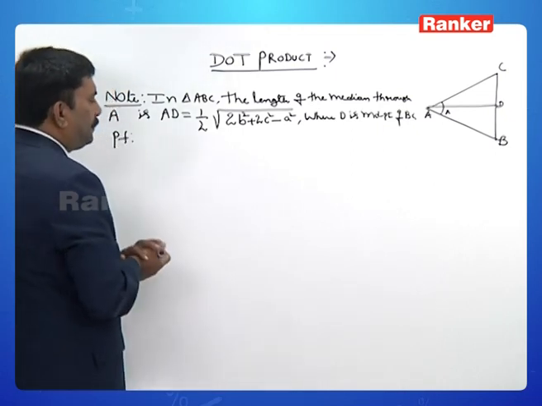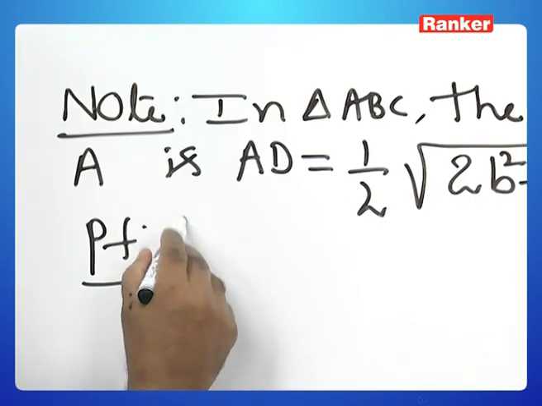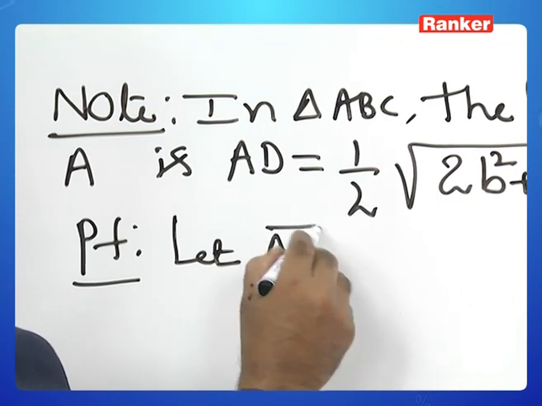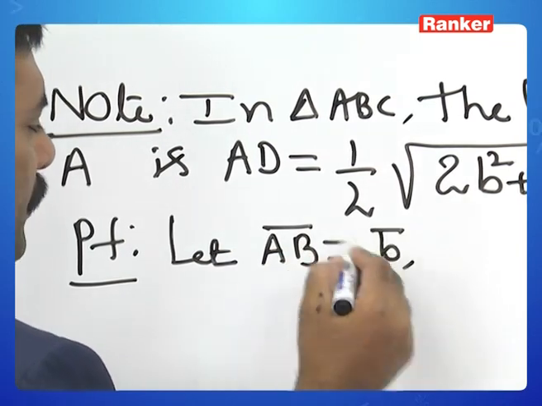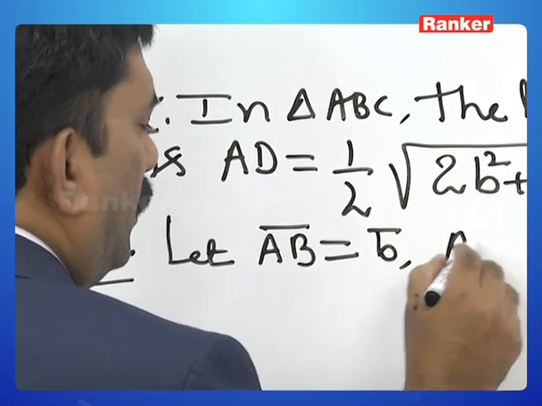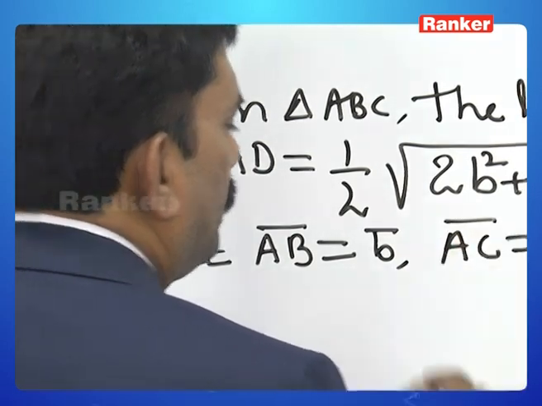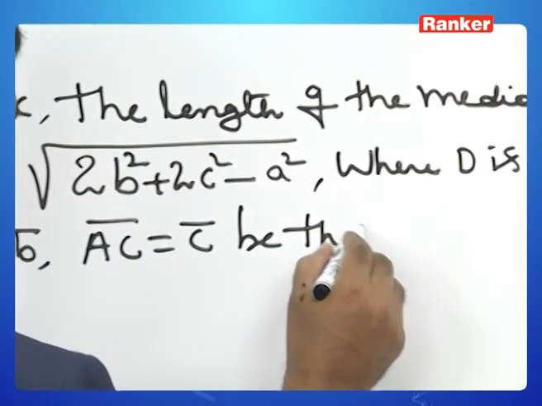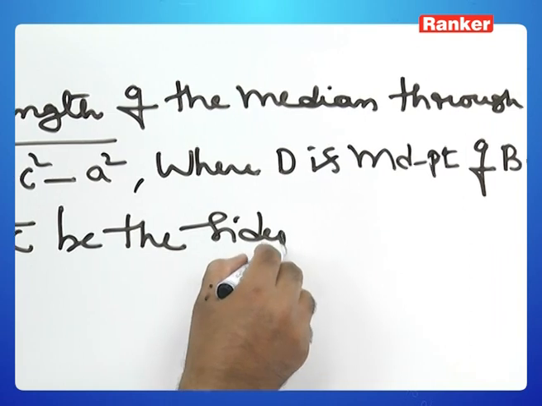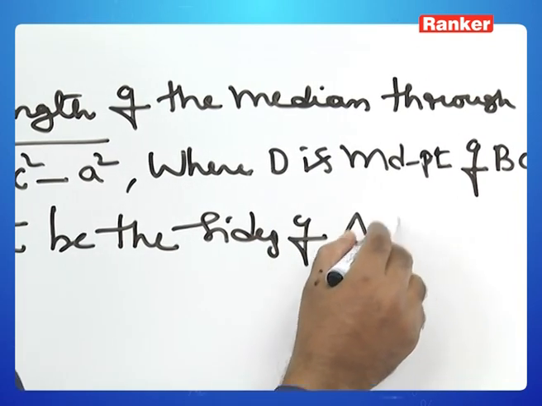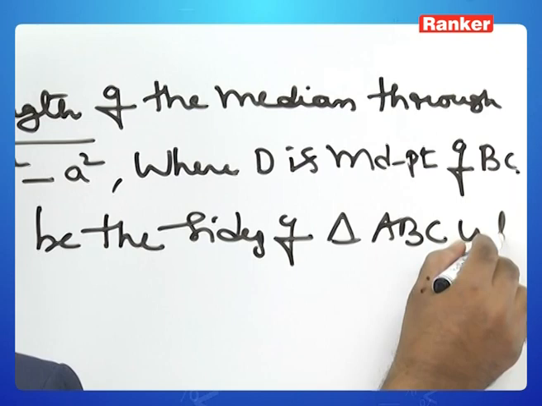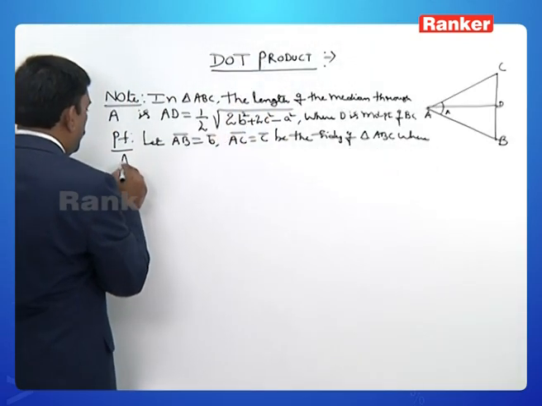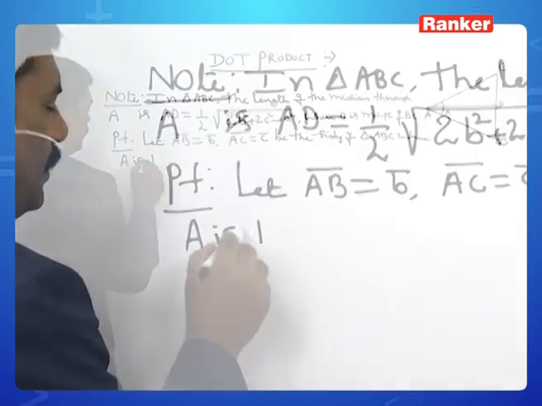Now coming to this one, let AB bar equal to b bar, AC bar equal to c bar be the sides of triangle ABC, where A is the origin.